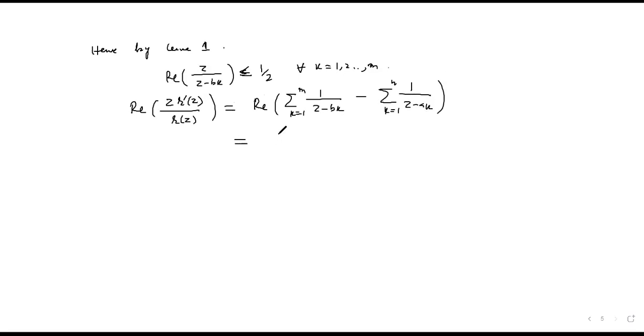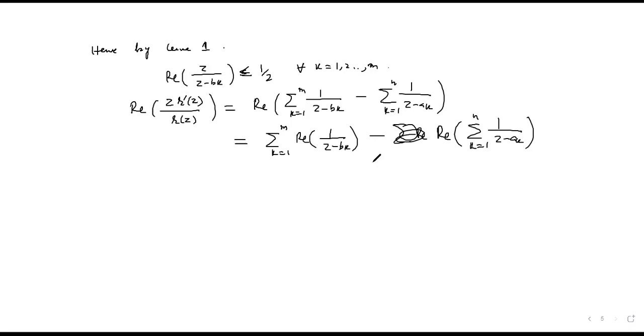And we can just add them. So it would be summation k runs from 1 to n. You would have here 1 by 2. Let me write: real part of 1 by z minus bk minus summation. Of course, the real part we take here. The real part doesn't matter because the real part of the sum is the sum of the real parts, right?